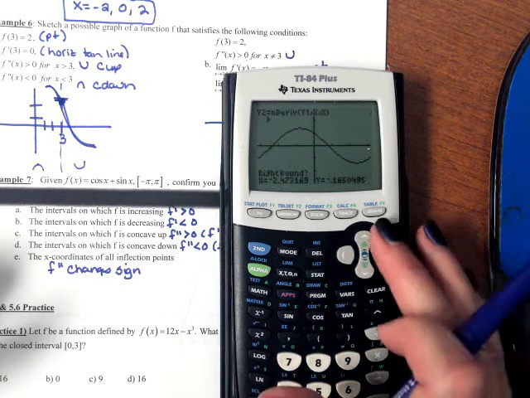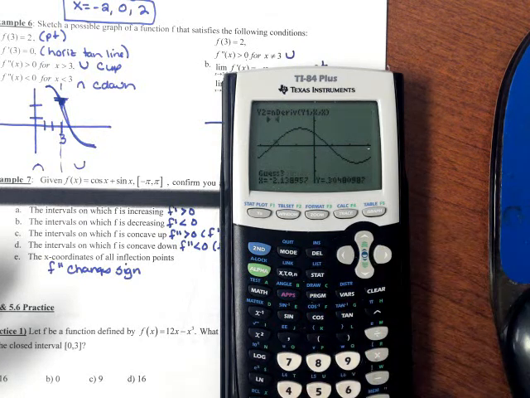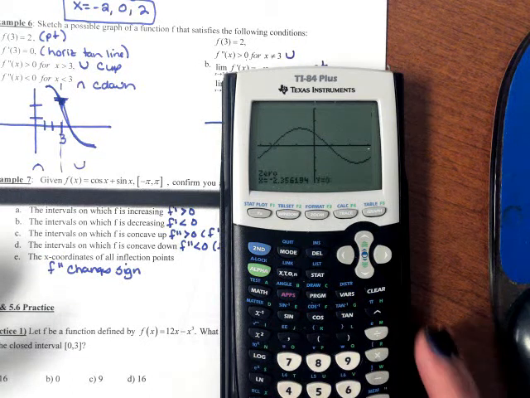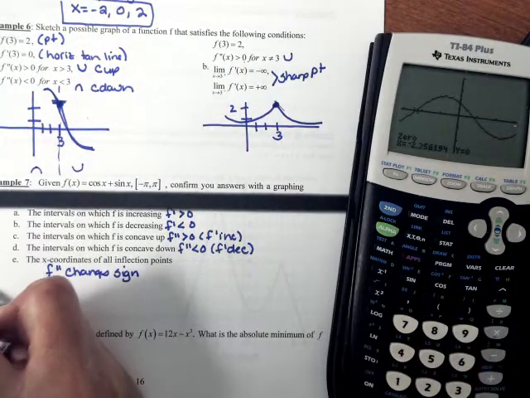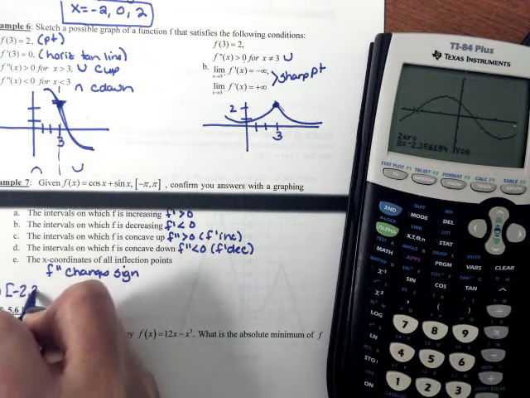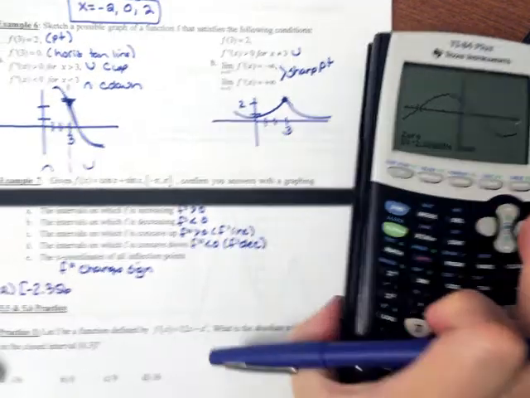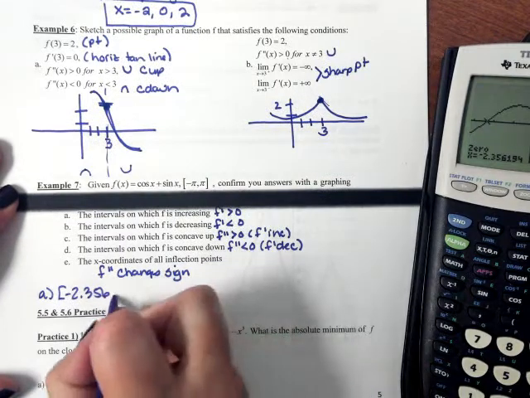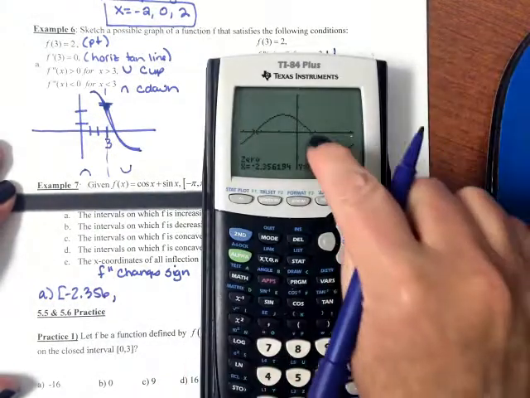Left bound, right bound, yes. So that's at negative 2.356. So I know my interval for part A is negative 2.356, comma. I need to find my other x-intercept, which is over here.